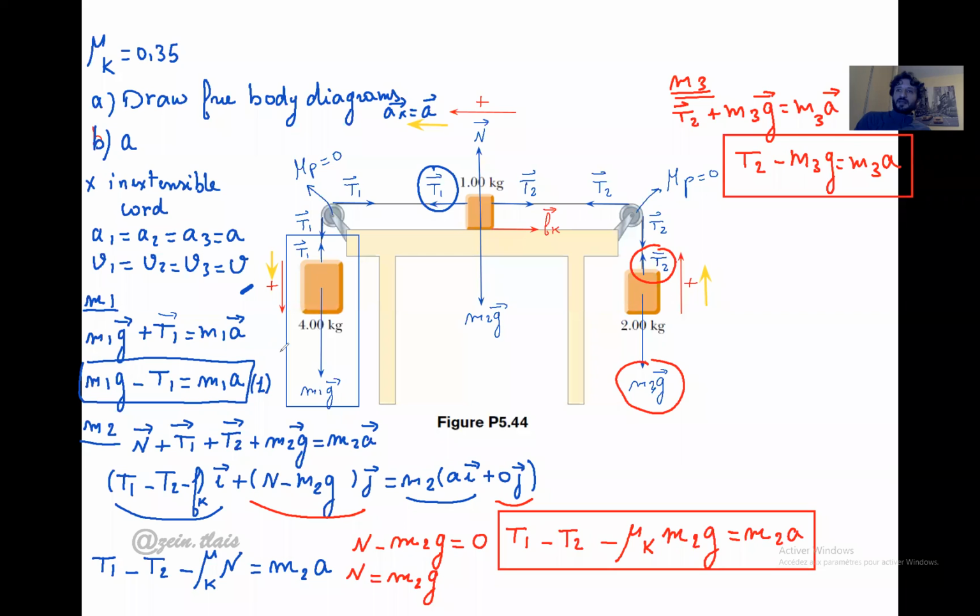Let's write equation 1, this one. We can say M1G minus T1 equals M1A, and the second equation, T1 minus T2 equals... okay, I want to write the second equation like this.